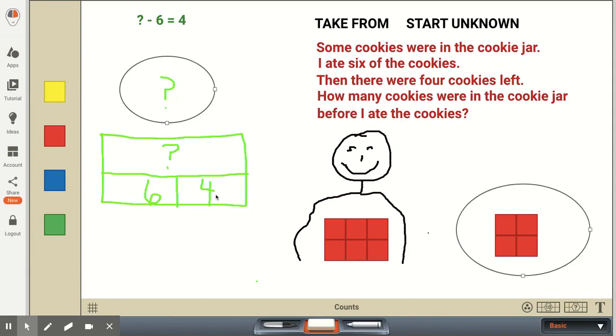And the 2 parts are the 6 cookies that I ate and the 4 cookies that were left in the cookie jar after the cookies were eaten. So when these 2 parts get added together, 6 plus 4, that will equal the number of cookies that were in the cookie jar before we ate any cookies.